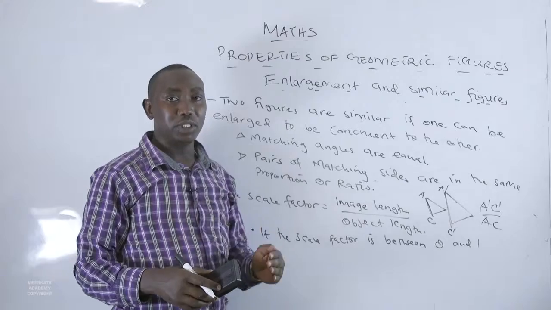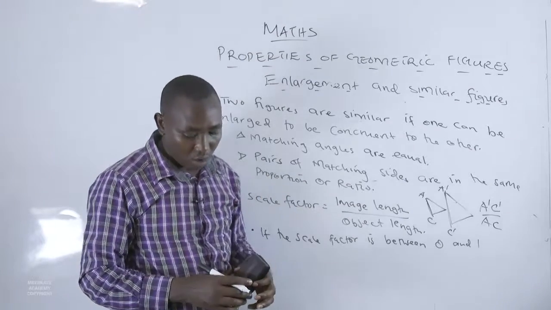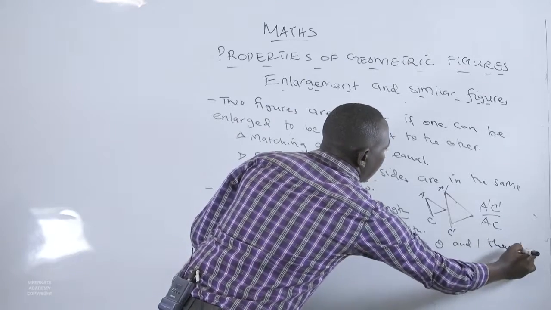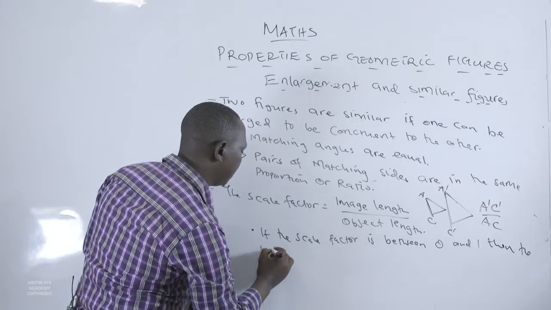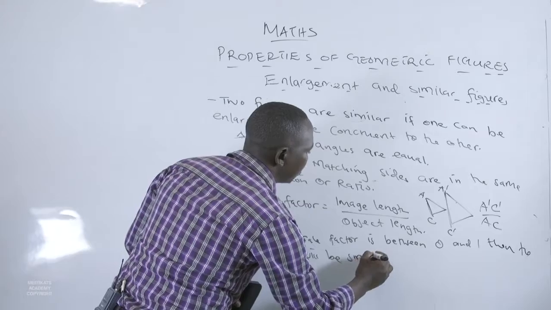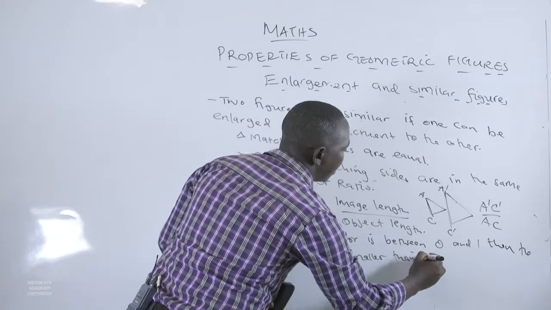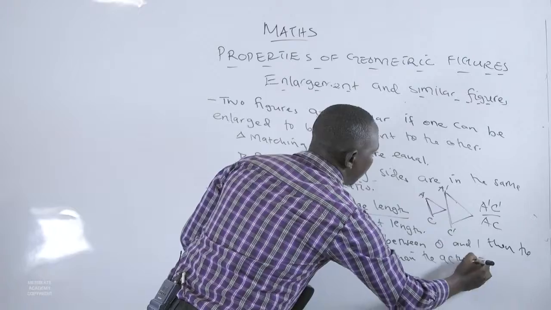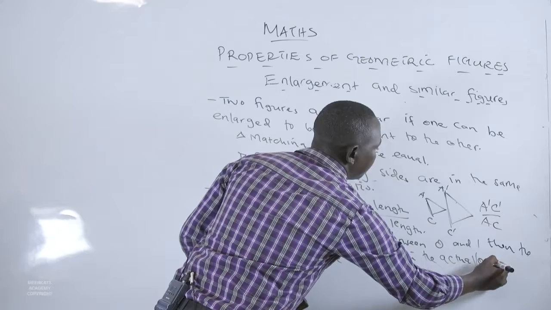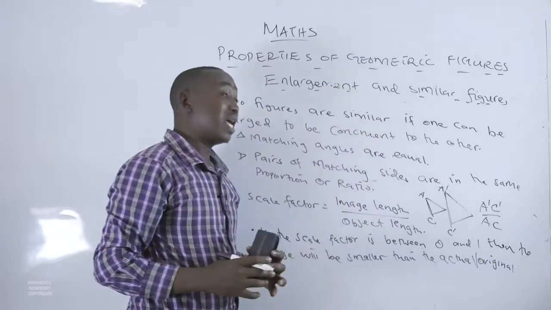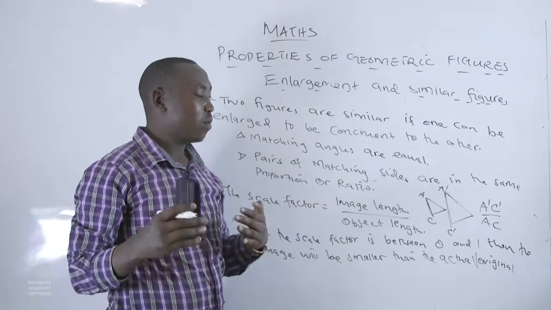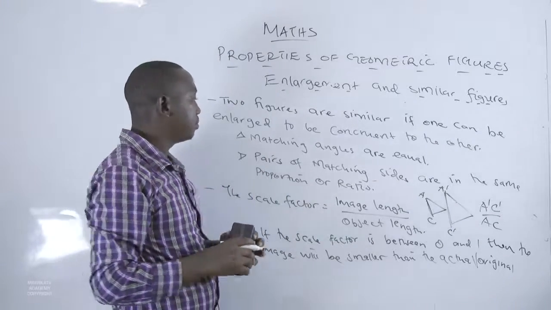Then the image you are going to obtain will be smaller than the original object. That is, if it is less than 1 but more than 0.